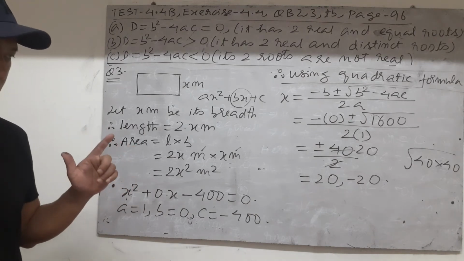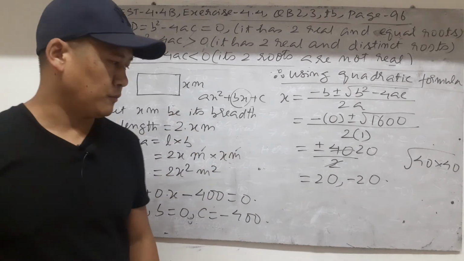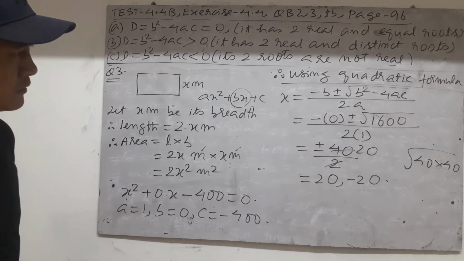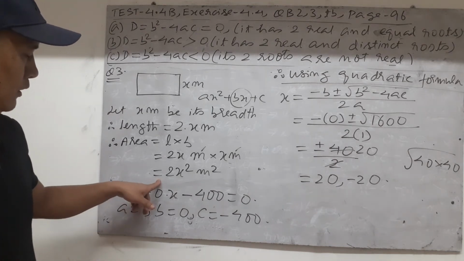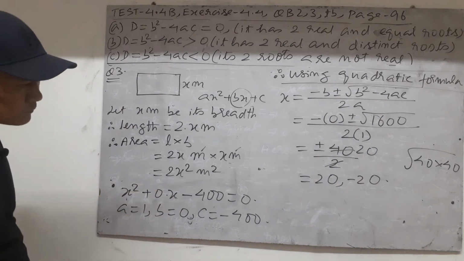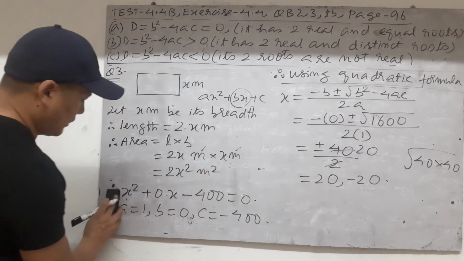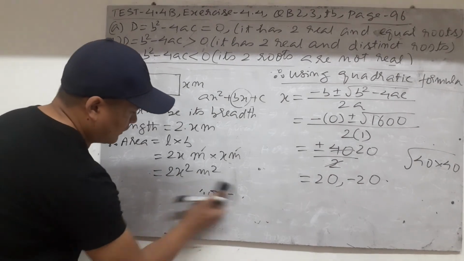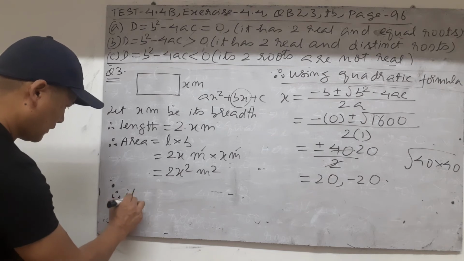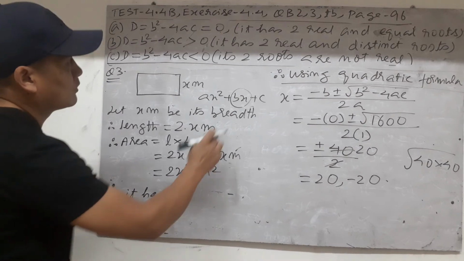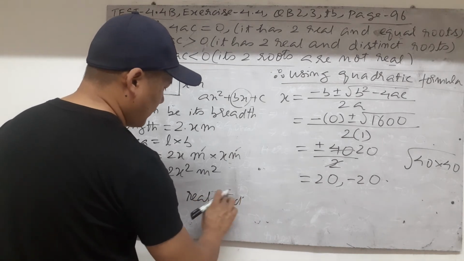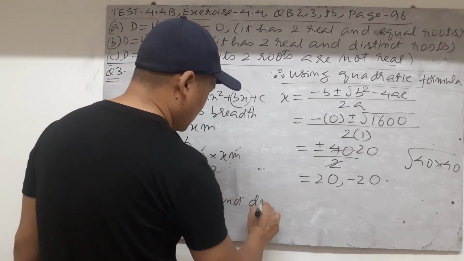So the real roots mean the groove is possible to design. Oh, I forgot to mention that. So you write there, when you got here b square minus 4ac, it has 2 real roots. Just wait, you just keep this one and go back here. I've written here, find out the area, therefore it has 2 real and distinct roots.